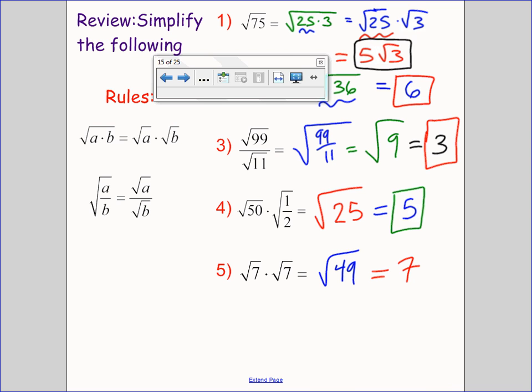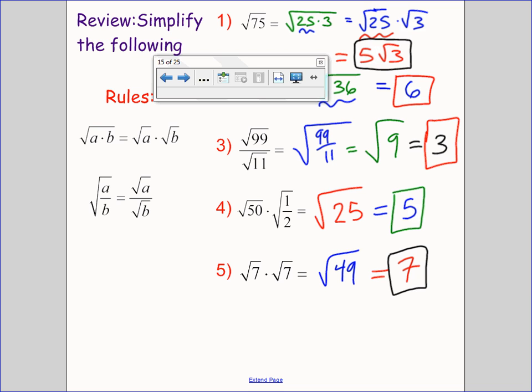There's nothing special about 7. A radical times itself, a radical squared, will undo the square root and give you the quantity inside. So if that were root 13 times root 13, we could just write 13. If we have root 253 times root 253, we don't know what 253 squared is on your sheet, but we don't have to figure it out, because when we square a square root, we get the number inside. So we can jump right to the answer.